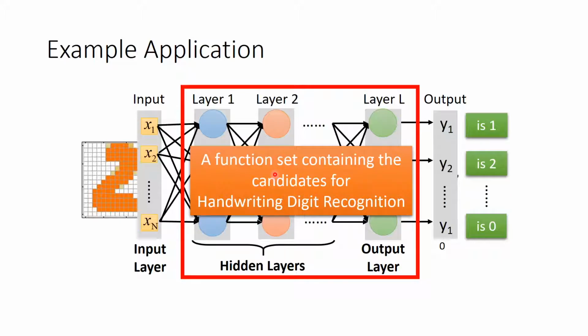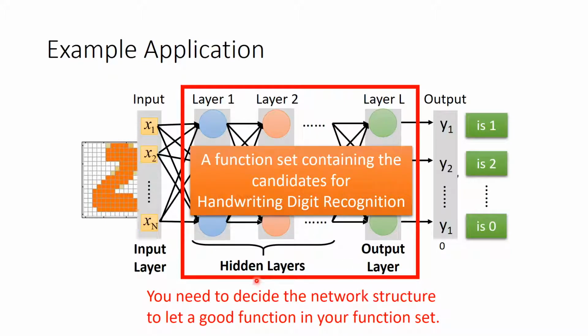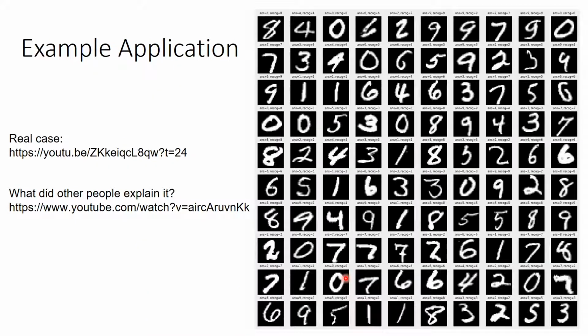Okay, we can say this is a function set containing the quantitator for handwritten digit recognition. Okay, we see the real case here. And then we will take a break for 10 minutes, and then we will come back and see another video of how other people explain handwritten recognition with deep learning.